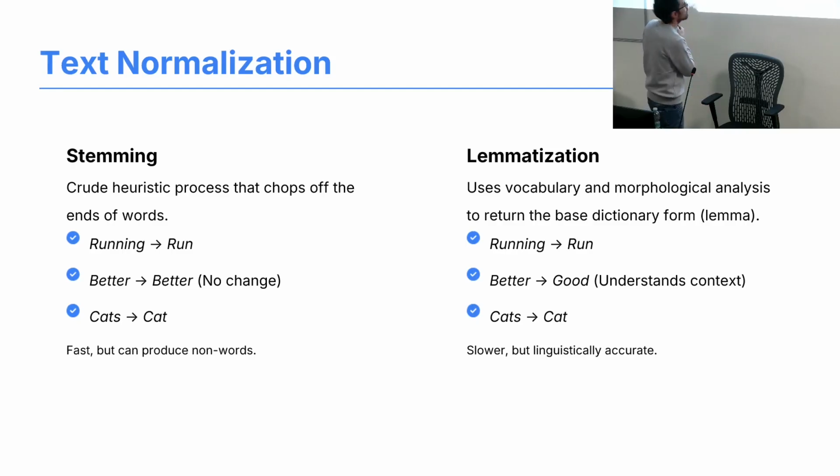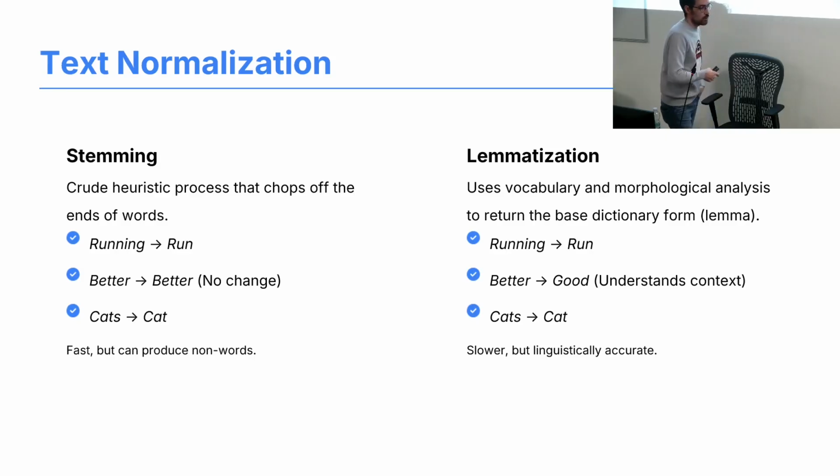Cats is the plural of cat. I don't want to encode these 2 words as 2 completely different words. They are the same words, but they are slightly changed to accommodate the grammar rules of a specific language. So basically this is the stemming technique.